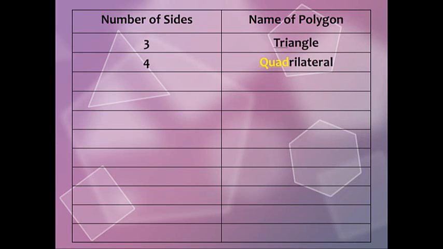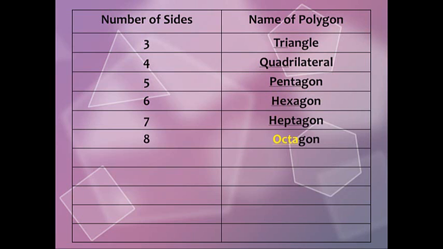Four sides are called quadrilaterals. A five-sided polygon is a pentagon. Six sides is a hexagon. Seven is a heptagon. 8 is octagon. 9, nonagon. 10 is a decagon. 11 is an undecagon.